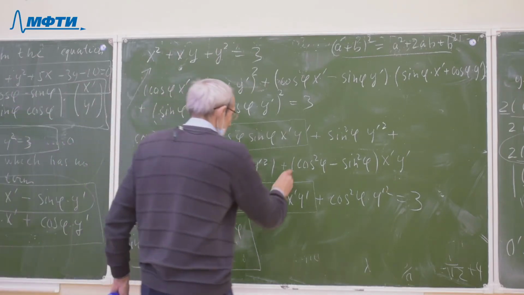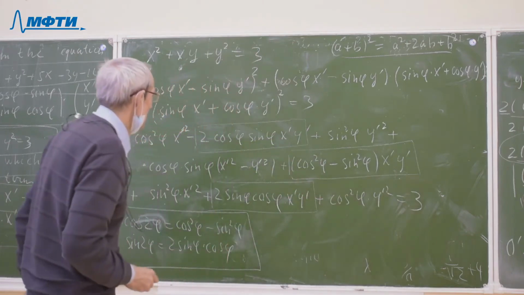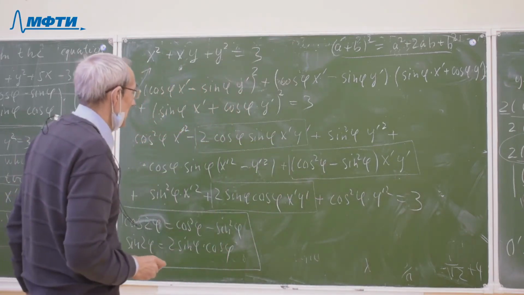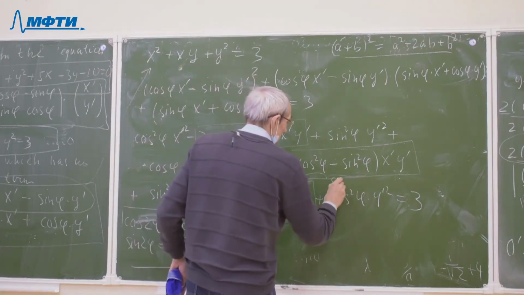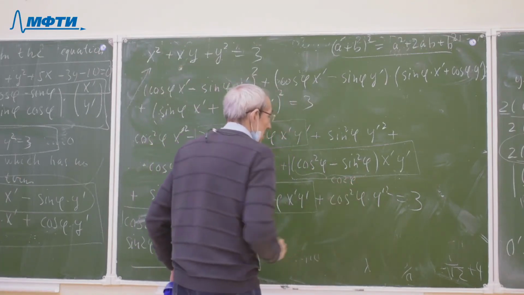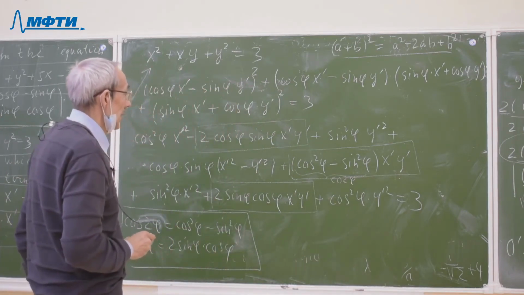In this case, we have this term. Easy to see that this term is equal to cosine 2 phi.